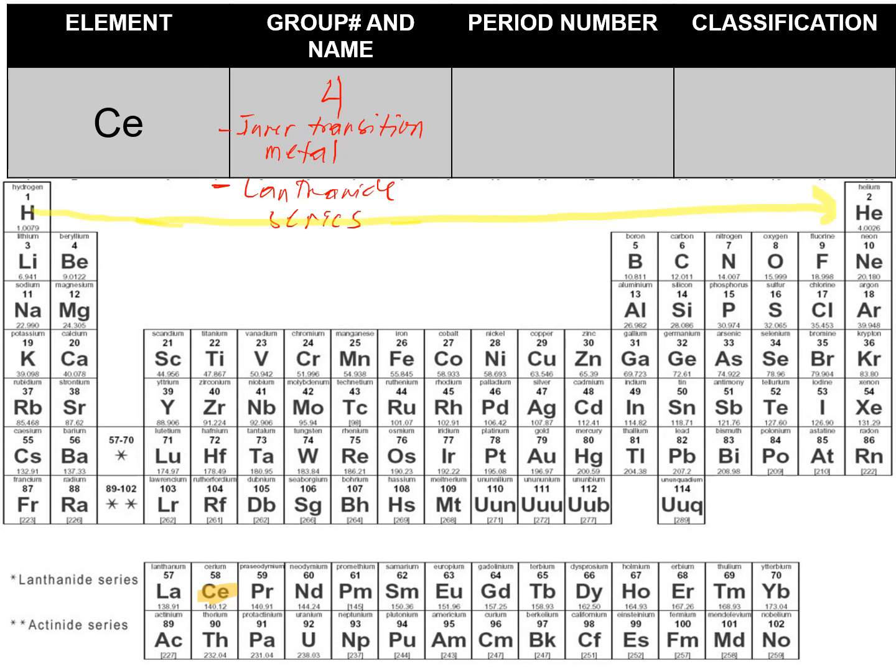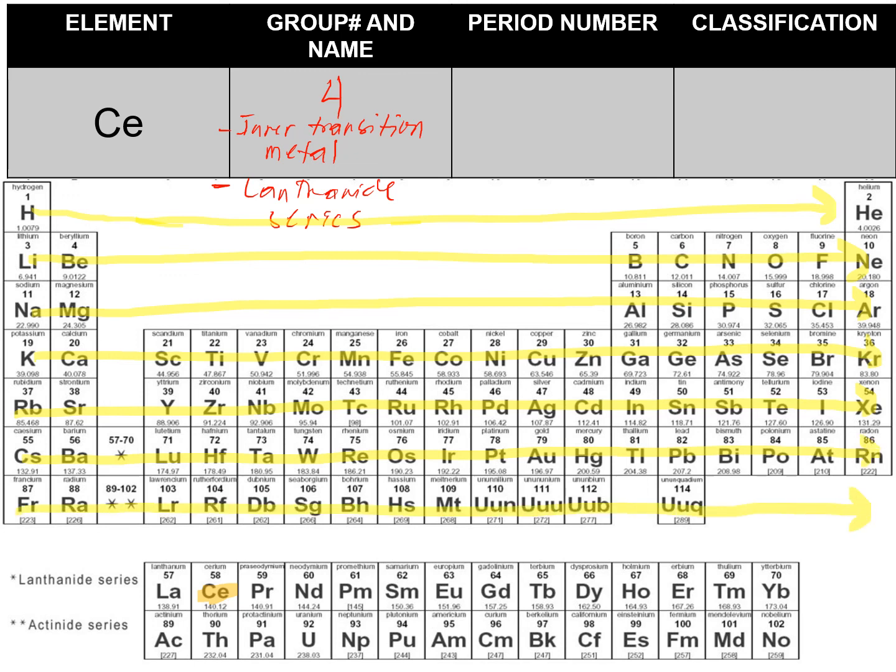Ayan, number 1, number 2, number 3, period number 4, period 5, period 6, and period number 7. Ayan. So, lagay natin yung numbers ng period. So, ito yung period 1, period 2, period 3, period 4, period 5, period 6, and then period 7.